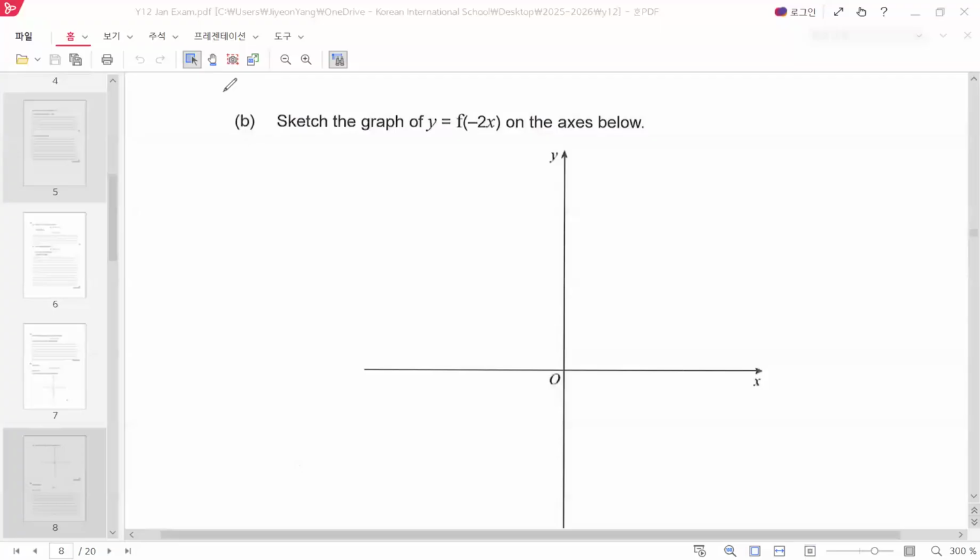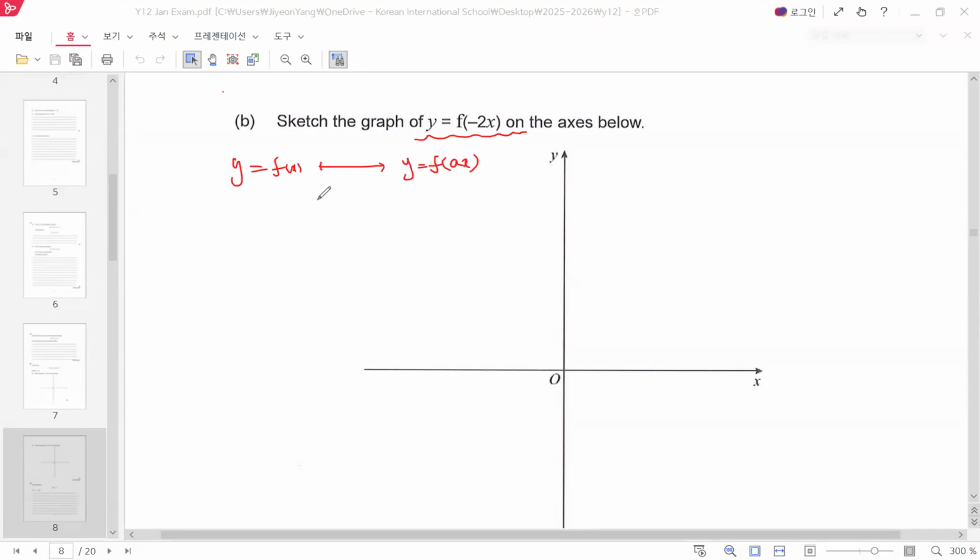Okay, sketch the graph of y equals f of negative 2x on the axes below. So it's like y equals f(x) is converted to y equals f(ax), right?